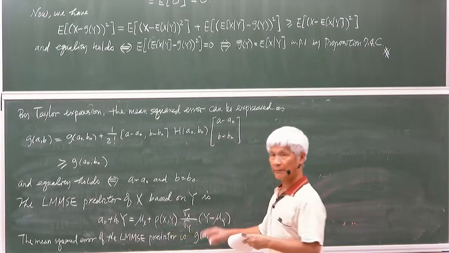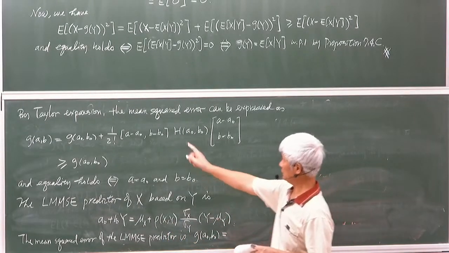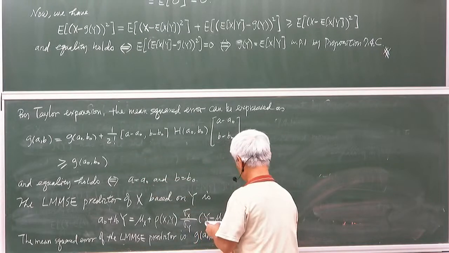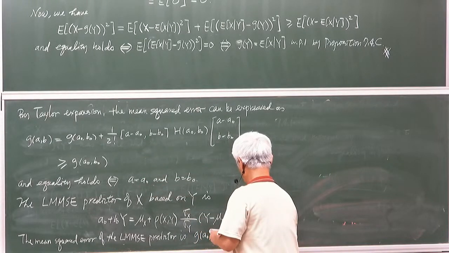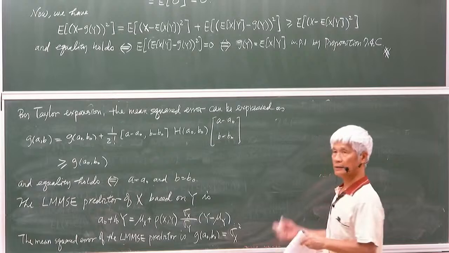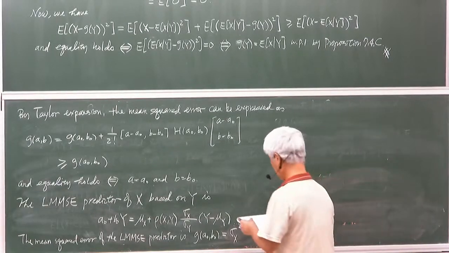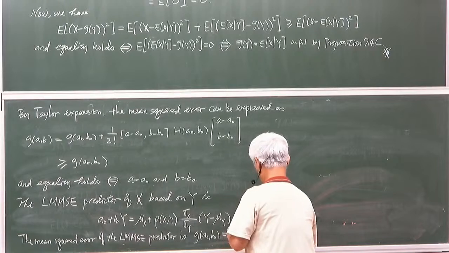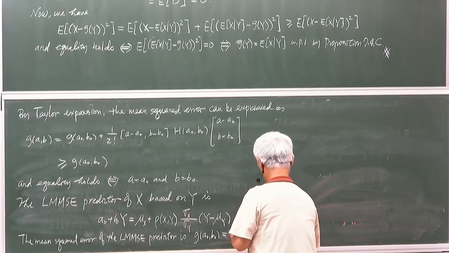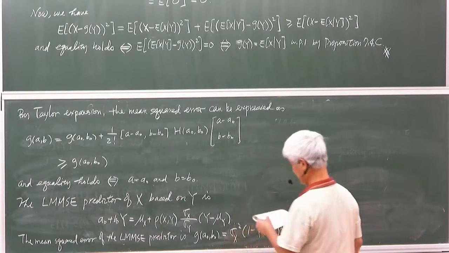And if you do the substitution, you find this is equal to the variance of the unknown variable x times 1 minus rho of xy squared. Okay?